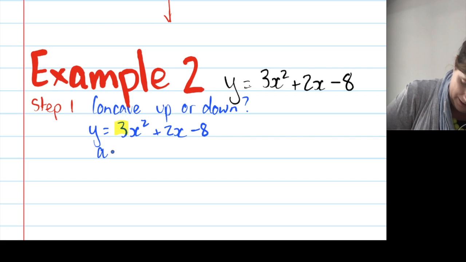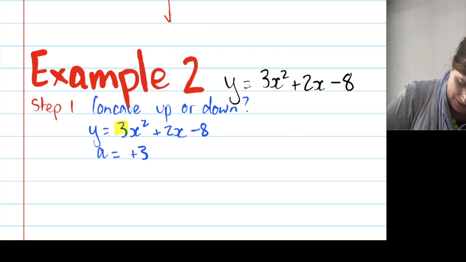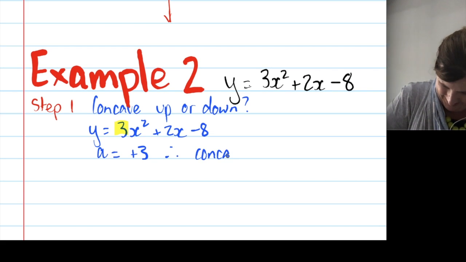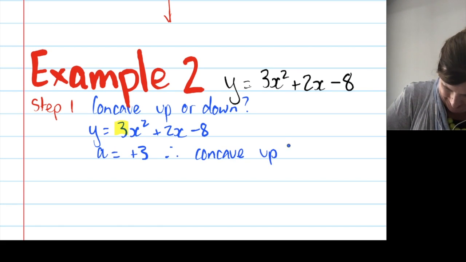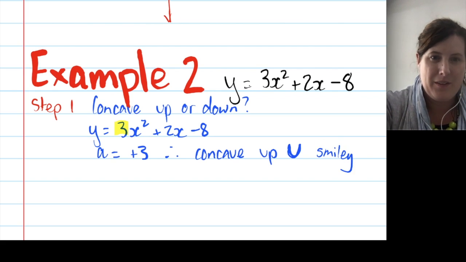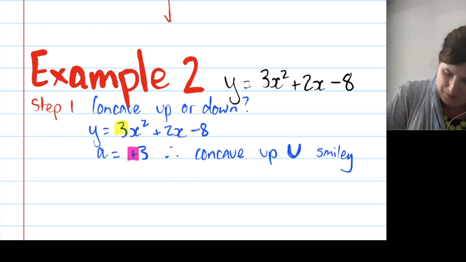So a equals positive 3, therefore concave up, smiley face. Because remember, if a is positive, positive makes a smiley face.